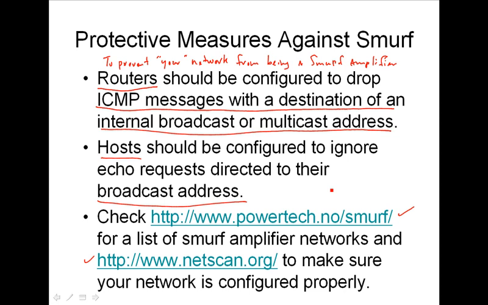So that's what you do if you're actually under attack, is you try to start filtering the packets from that network, the Smurf amplifier network.